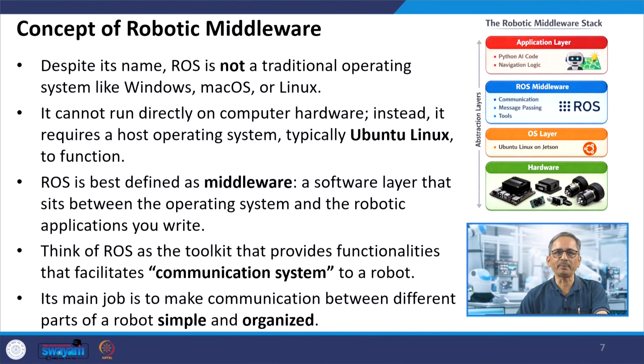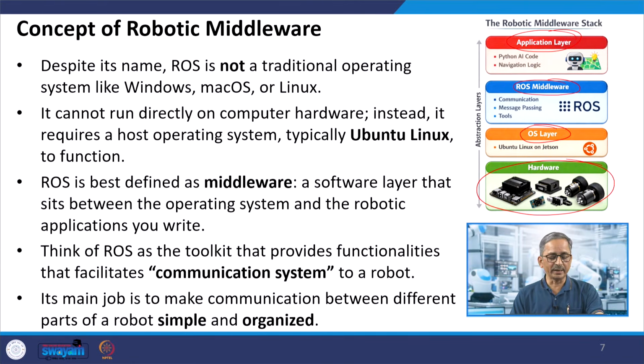Now the concept of robotic middleware. As I said, you have the hardware, then the operating system layer, then the ROS middleware, and then the final application layer. This is how its different layers are organized.